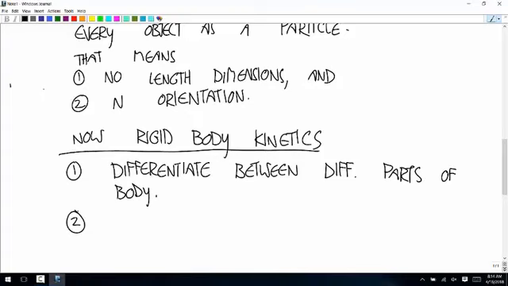And now we are going to be dealing with orientation. So the calculations involve orientation.